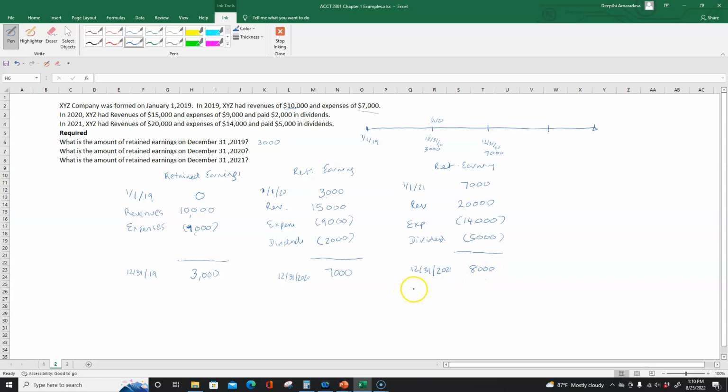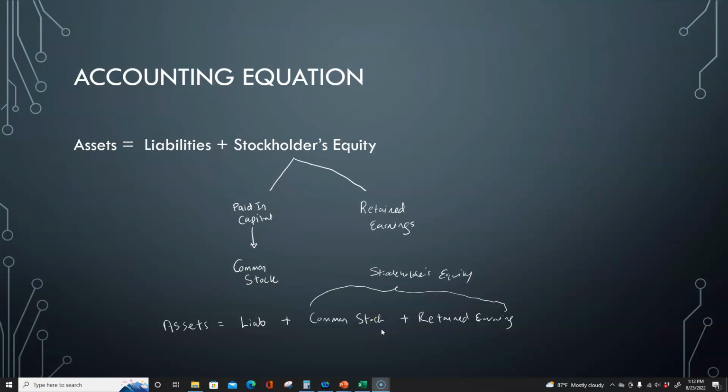So if you look at retained earnings of a company at any given point in time, it is the cumulative total of all the profits and losses minus any dividends paid out to shareholders since the company's beginning of time. So to summarize this video, this is your basic accounting equation, but it can be expanded.